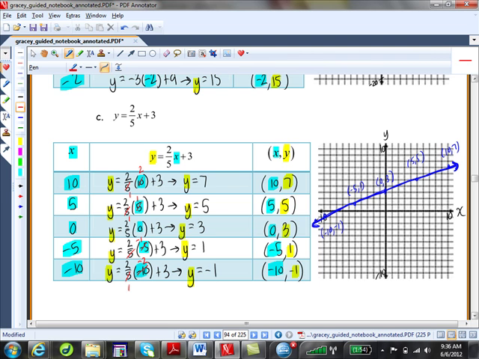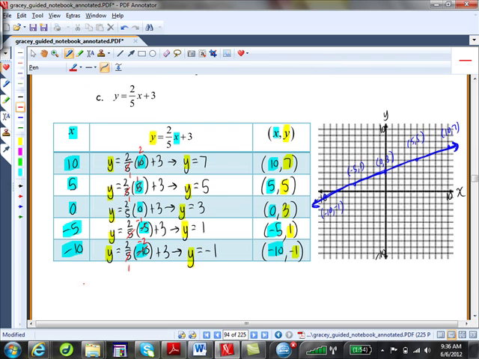If I was just graphing, so consider y equals 2/5 times x. Do you see how it's different? If we're considering y equals mx plus b, do you see that in this case, b would be 0?